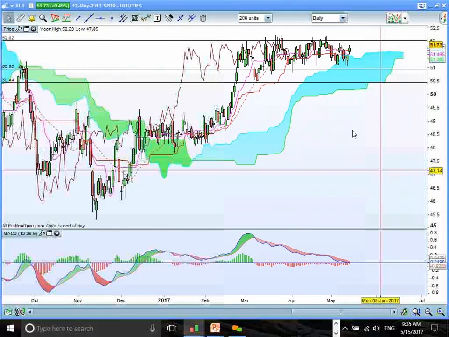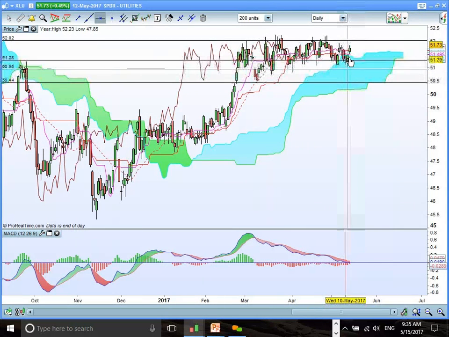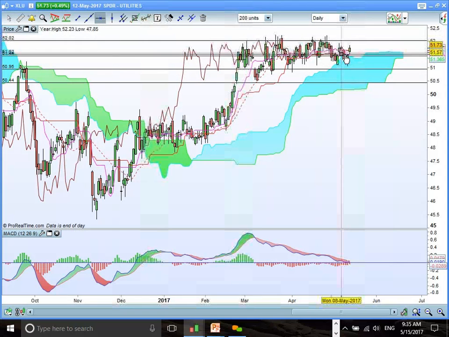Utilities, XLU, sideways moving base, very long base. Currently rebounded from old lows within the cloud, and now the top end of the cloud is a key support zone. So it looks like it's testing these levels to see if support will hold here.